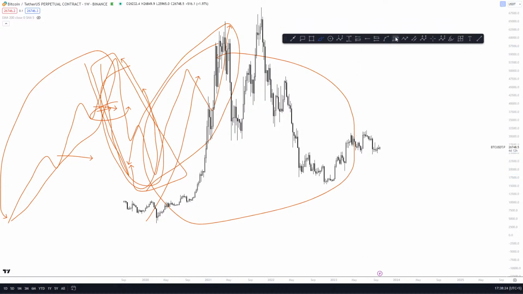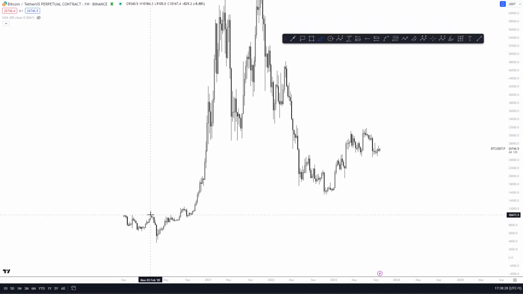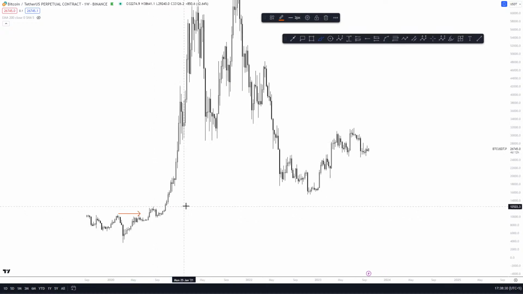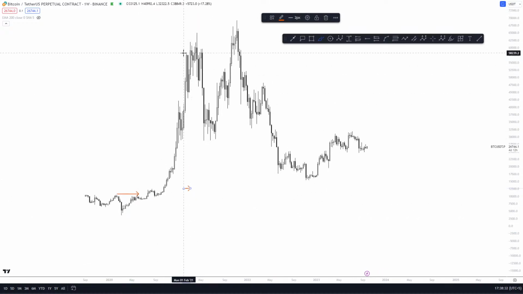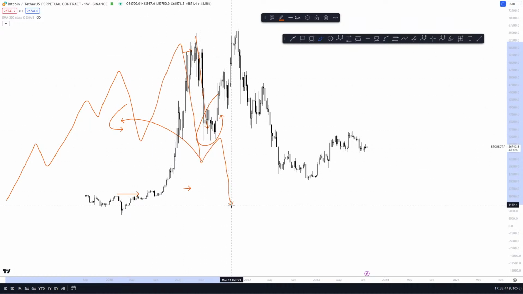Coming to the 1 week time frame, it is bullish. You can clearly see that we had a shift from here, and after that we got another shift from here, and after that price moved down. So if you apply this methodology, price was in a bullish trend, bullish trend, bullish trend. After that price shifted bearish, again shifted bullish, and now we were in a bearish trend, and again price shifted bullish.